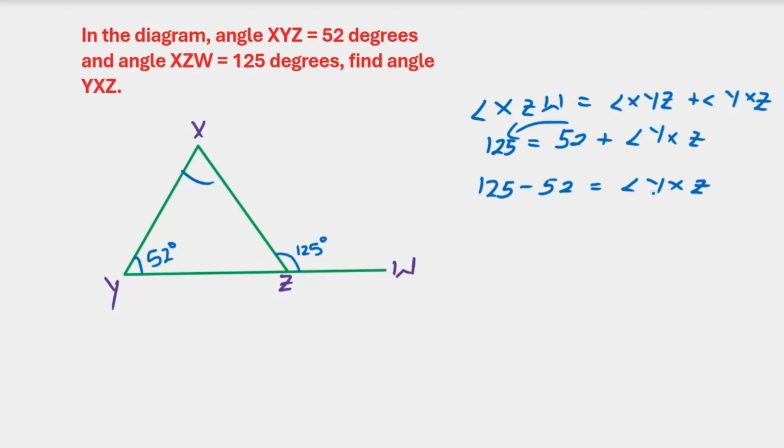So let's see what we're going to get. So 125 minus 52 will give me 73 degrees. That is angle YXZ. So that is how we can work this particular question. Let's take our next diagram.